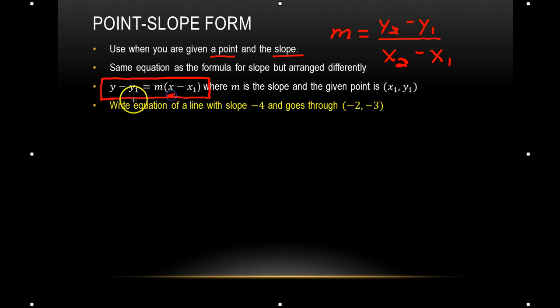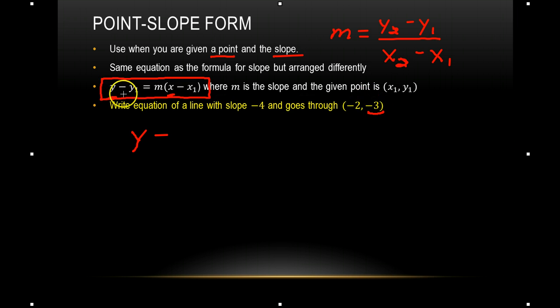So in this example, it says write the equation of a line with a slope of -4 that goes through this point -2, -3. Since they give us a point and a slope, we use the point-slope form. We're going to have y minus my y value. Once again, be very careful here. The y is the second value, and the formula says to subtract. That's not the same as this negative.